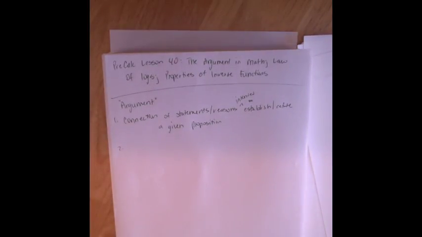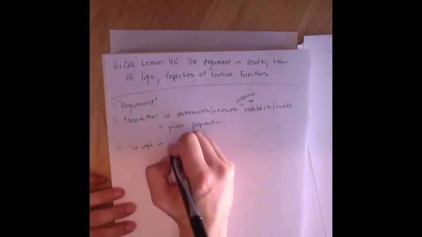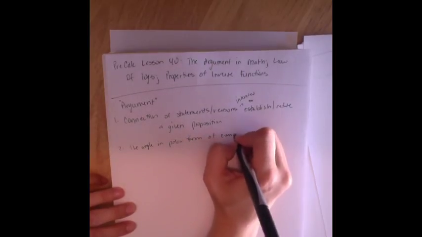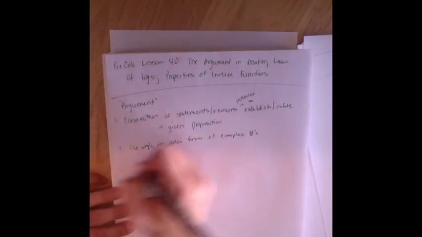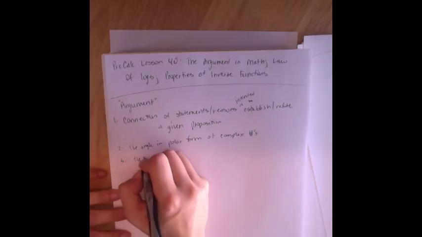Definition 2 is the angle in polar form of complex numbers. And definition 3 is the input of a function.